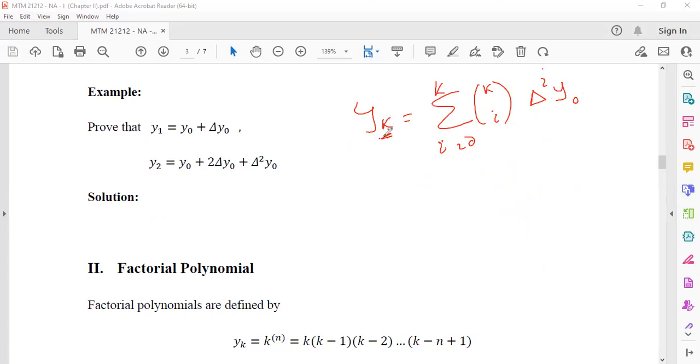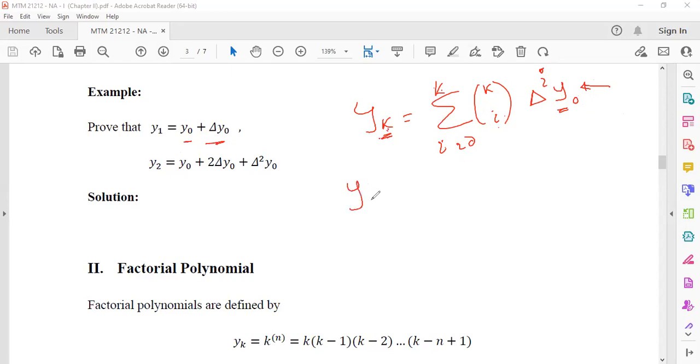This is found from the summation i equals 0 up to k, then k choose i, and then delta i of y naught. y naught is our initial y. They didn't give y naught, so we can use y naught.